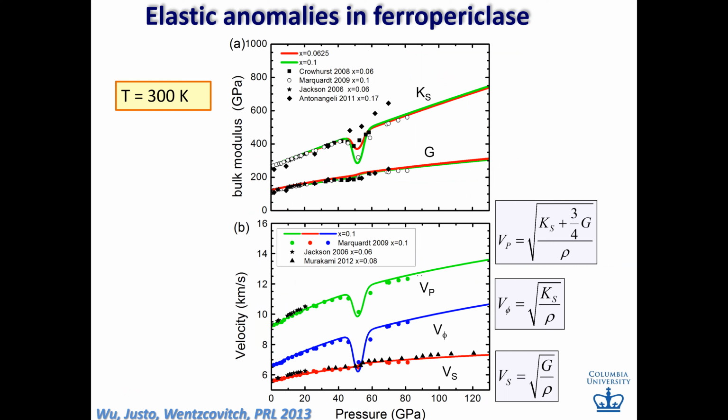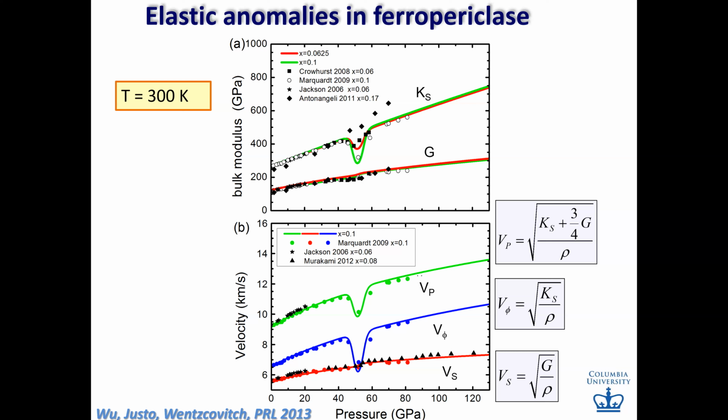The experimental measurements on the adiabatic bulk modulus coming from the elastic coefficients are here, and you can see the discrepancy between the data points from experiments. Our calculations, the green line for 10% iron, agree quite well with Brillouin scattering, essentially, the bulk and the shear modulus.